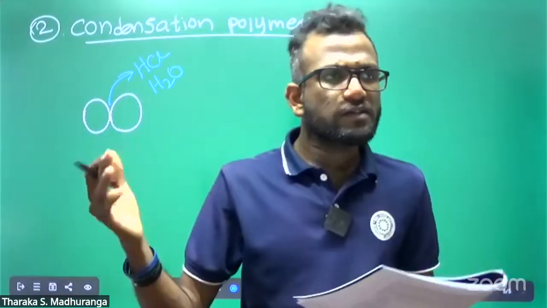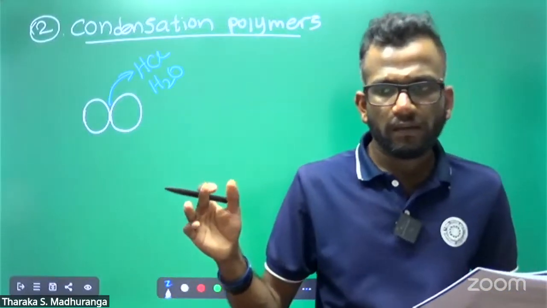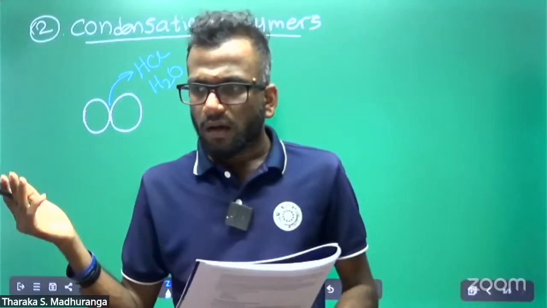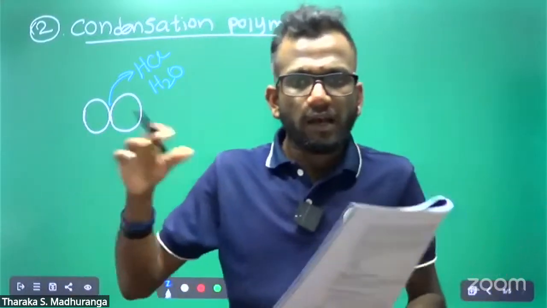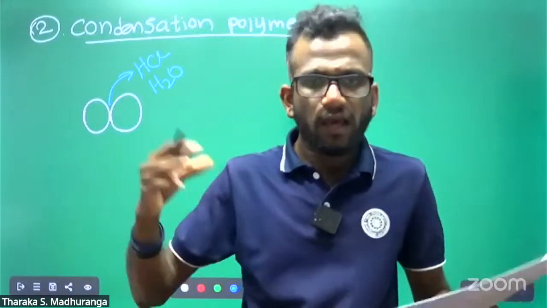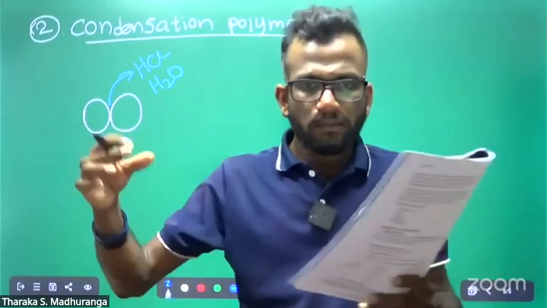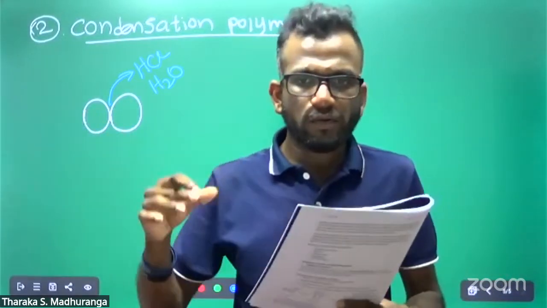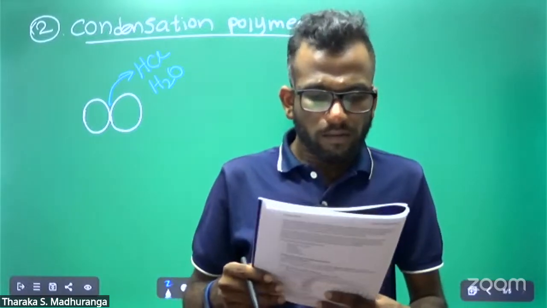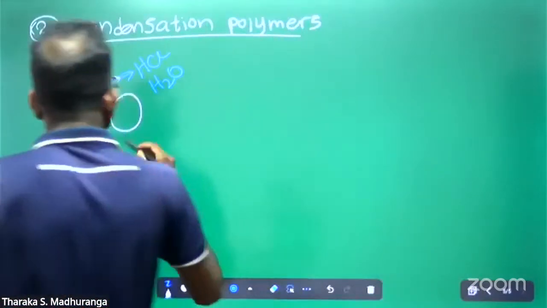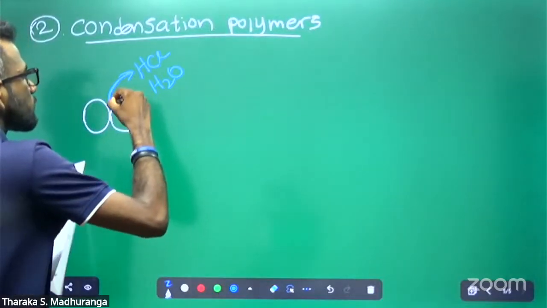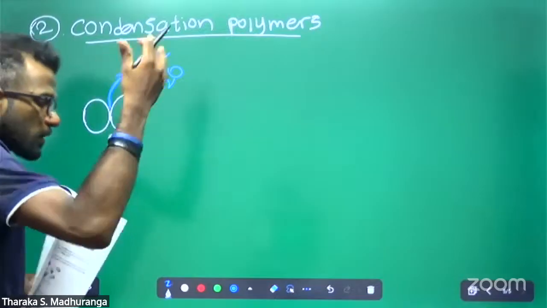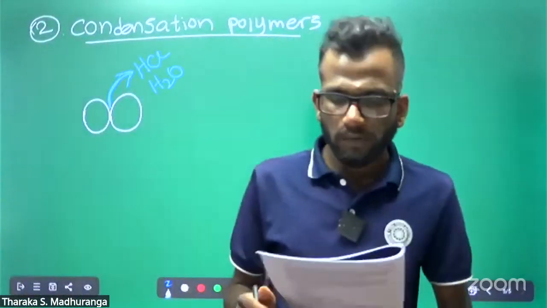And in other words, cellulose, normally alpha and beta glucose types rejoining each other. That we call a condensation polymer.